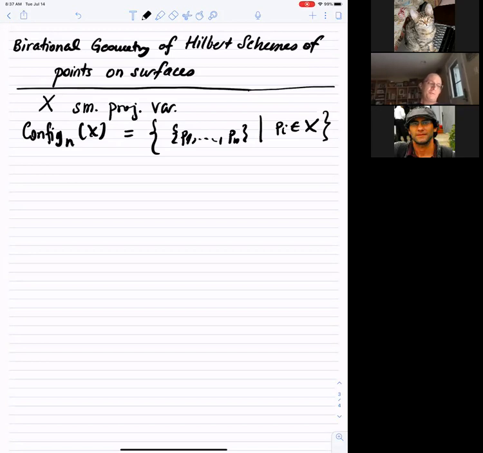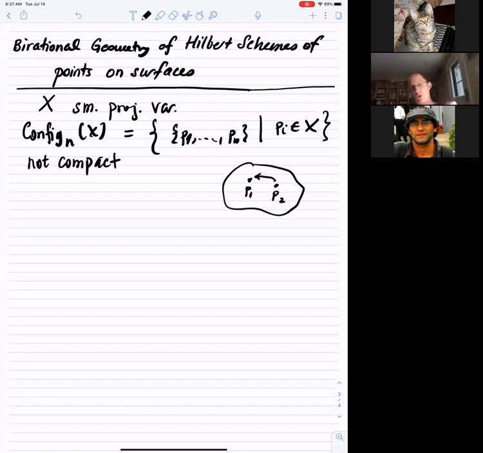But the basic problem with this is that it's not compact, right? Simply because if you have two distinct points, one point can approach the other one and then they can collide. So the basic question that arises is: how do you compactify the configuration space?